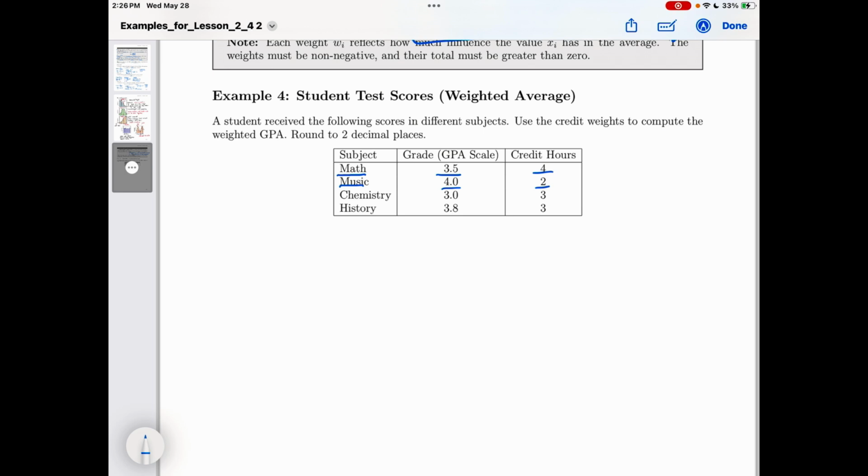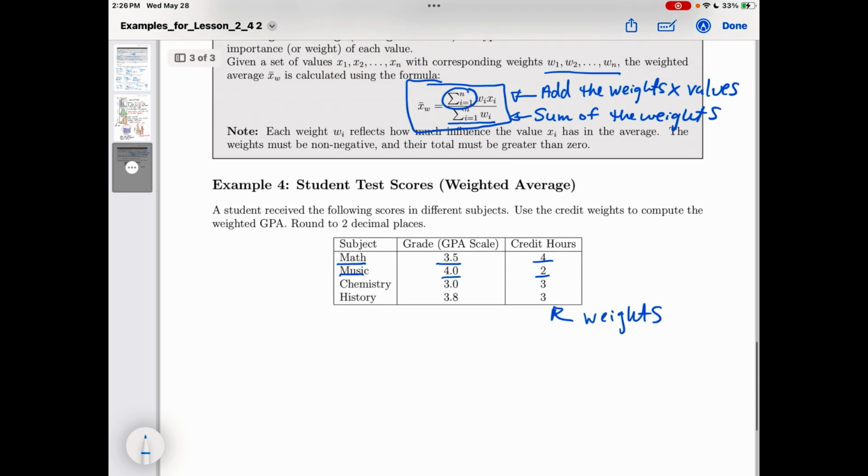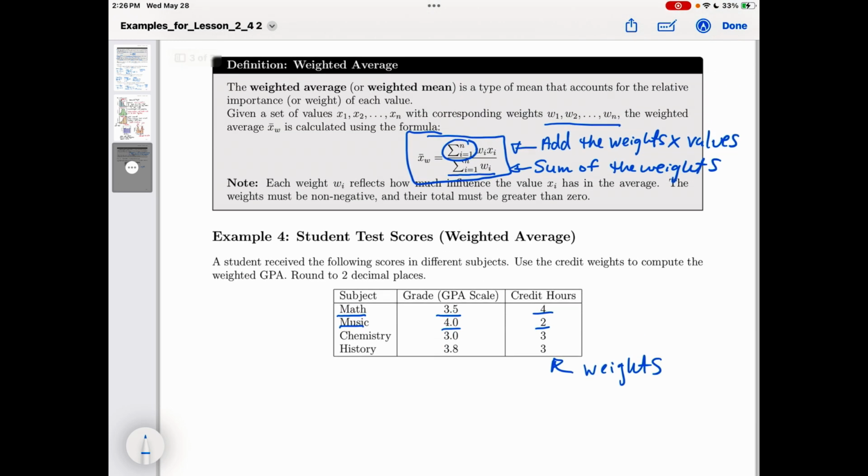Then for music, they got a grade of 4.0, perfect score, with the number of credit hours for that course being 2. And then I'll let you read the rest. But basically, the credit hours are the weights, right? The more credit hours you have, the more heavily weighted it's going to be in your total GPA.